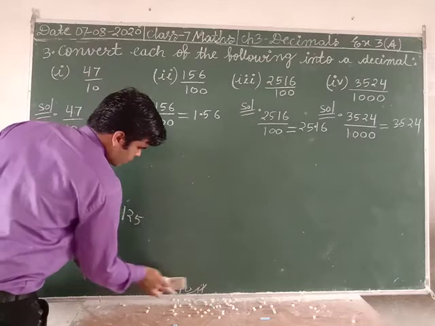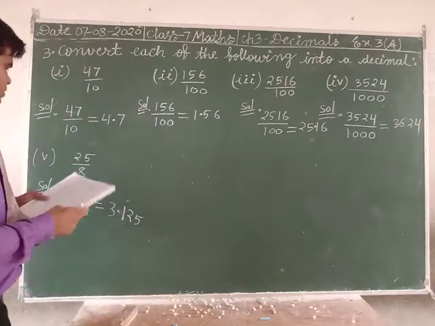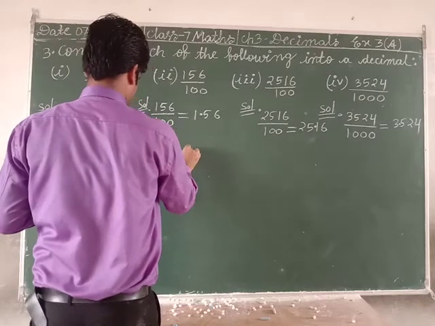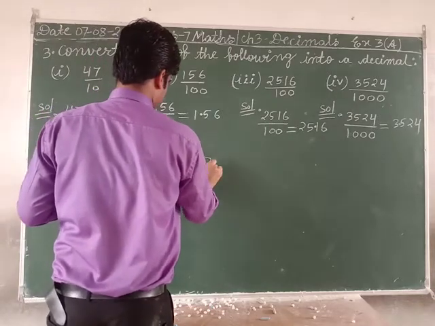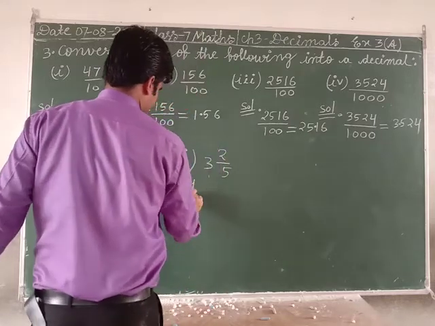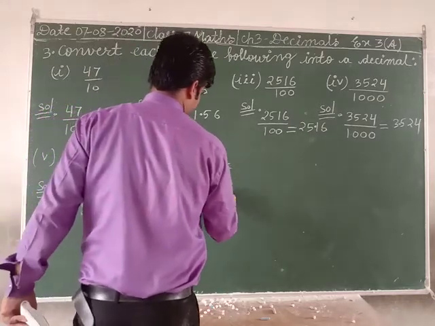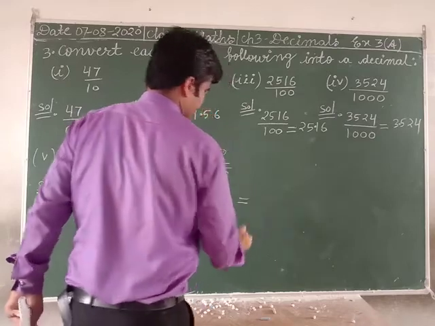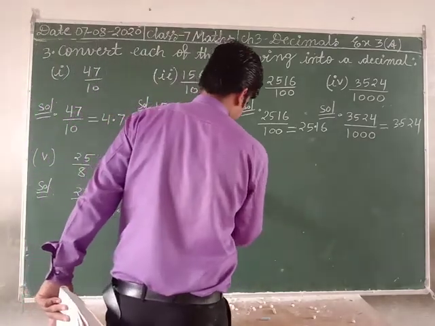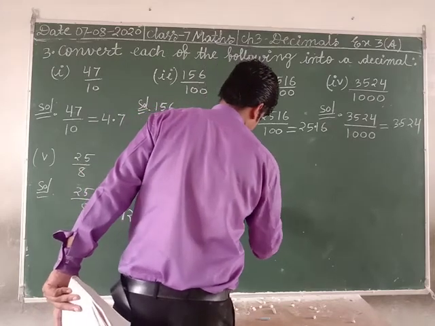Okay students, now question number 6. 3 integer 2 by 5. So students, if I write 3 integer 2 by 5, then we will convert into an improper fraction. So 5 3s are 15, 15 plus 2, 17 upon 5.